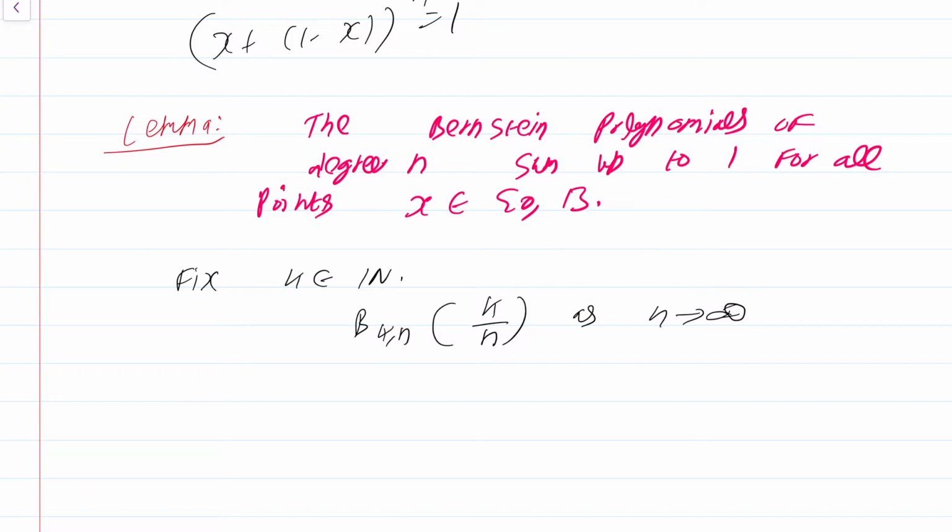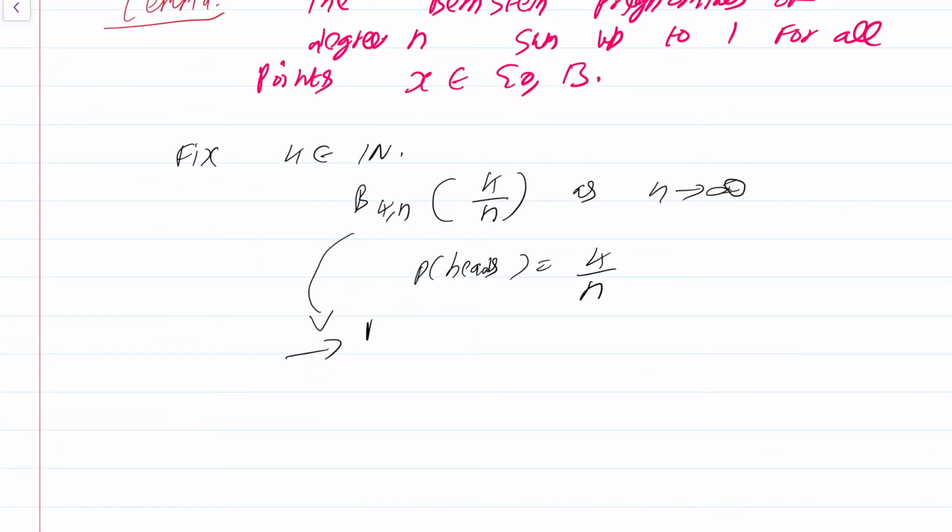So what we are essentially doing is we are taking various biased coins, each one of which has probability of heads equal to k by n, and analyzing what's going to happen if you toss these coins n times and take n to infinity. Now if you think about it for a few minutes, you will expect this to converge to 1.